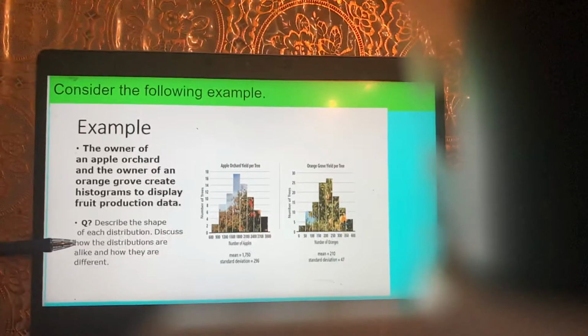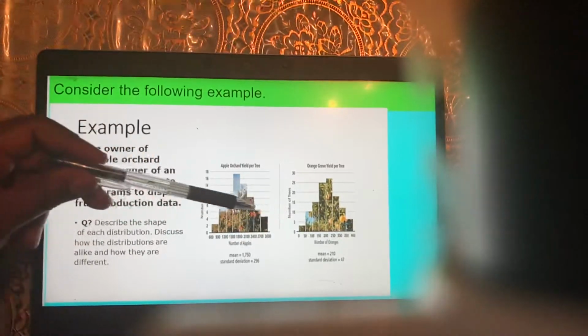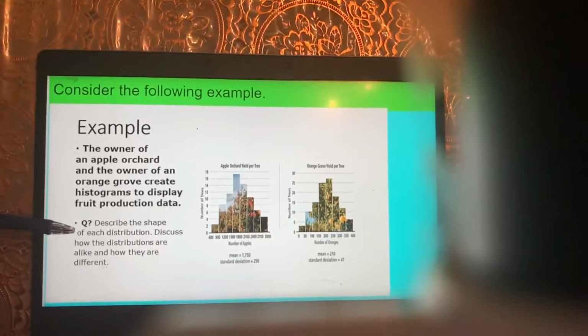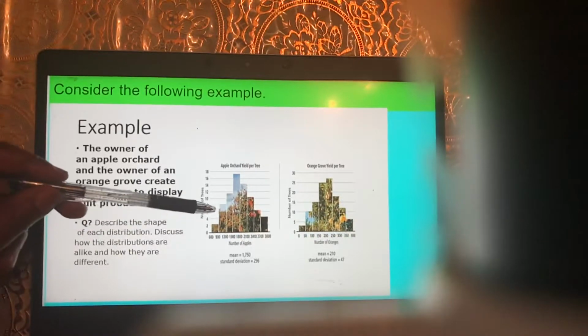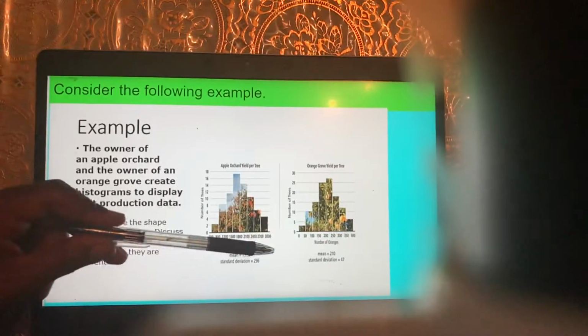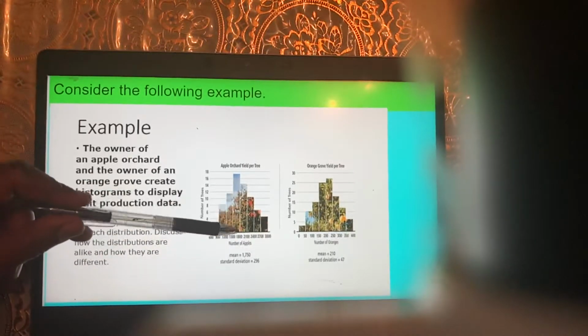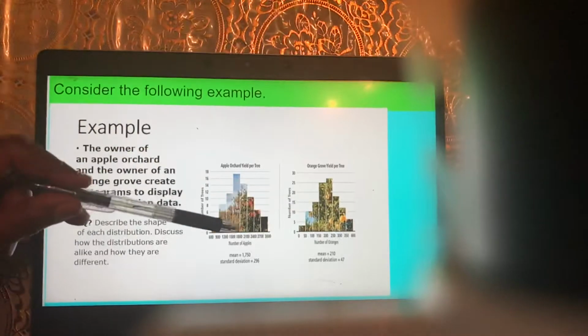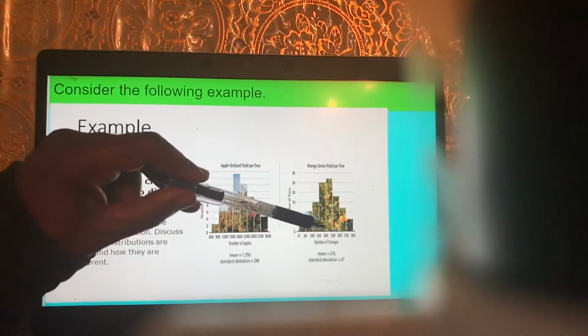Discuss how the distributions are alike and how they are different. They are alike since both of them are normal distributions, or just bell-shaped, and also the mean of each of them is almost in the middle. The mean values for each of them are in the middle.